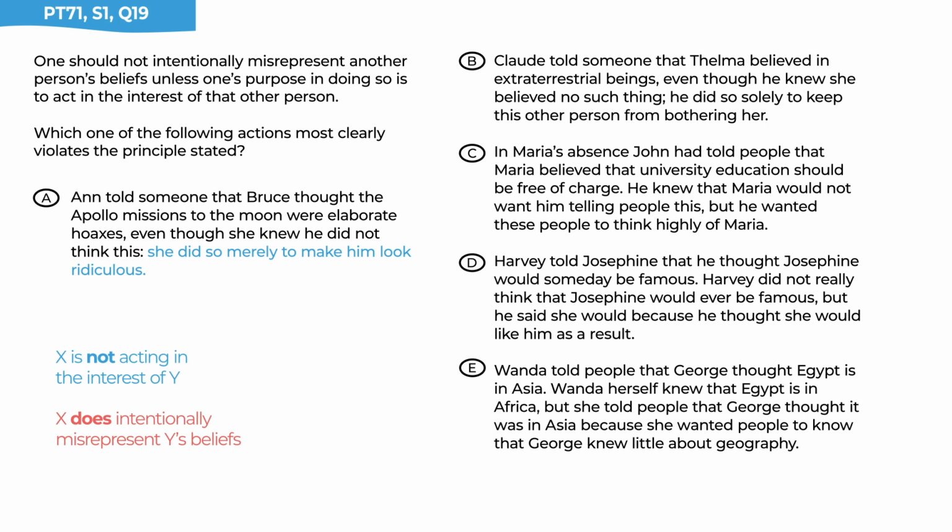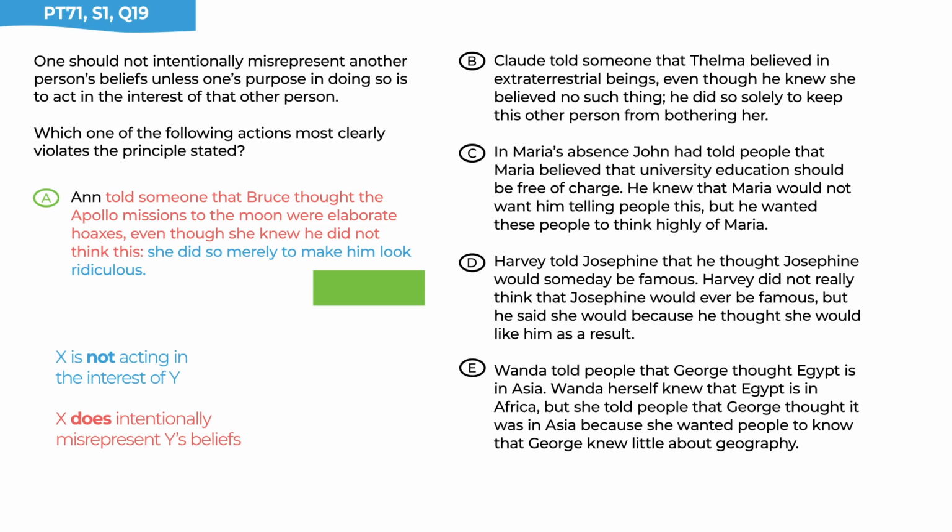She tells someone that Bruce thought that the moon landing was a hoax, even though she knows he doesn't think this. Okay, well, so then, yeah, she definitely intentionally misrepresented Bruce's beliefs. It looks like this is our correct answer, because it triggered the rule, but then gave us the opposite of what the outcome told us we should do.